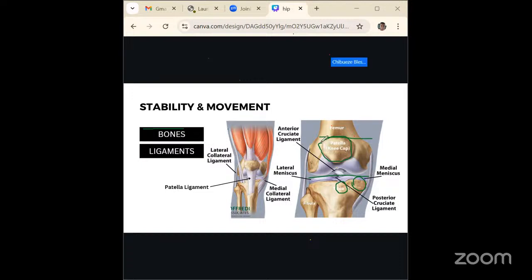Okay? And what this patella is doing is that it is helping to protect the anterior aspect of the femur, so that direct hits in this anterior aspect of the femur will not overly affect the knee.